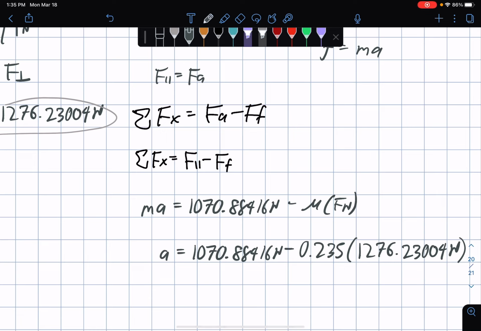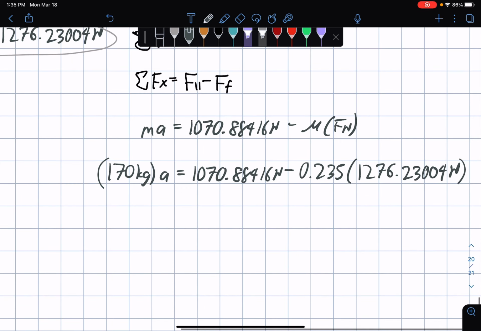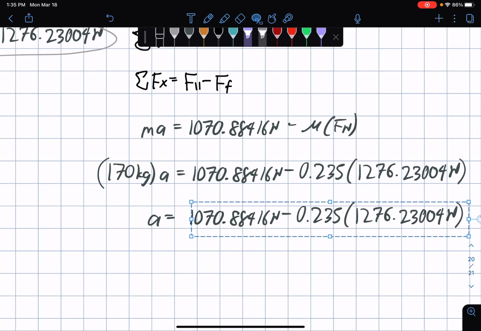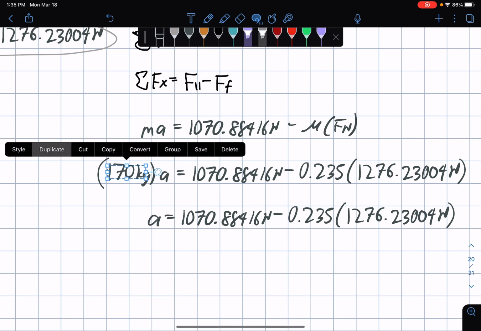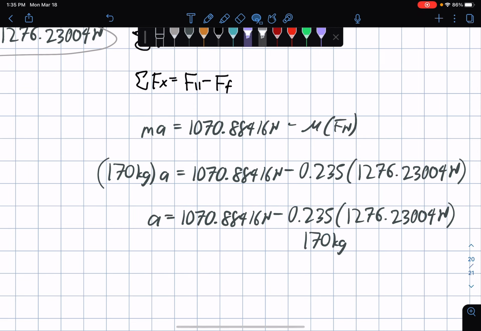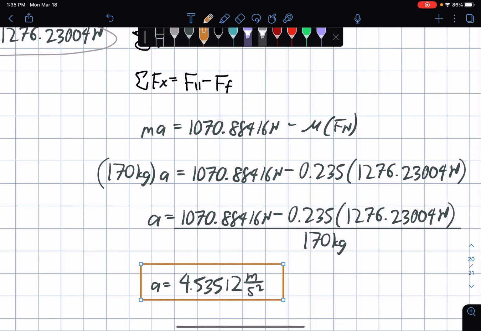But the mass is going to be 170 kilograms. Now, acceleration is equal to this entire thing divided by 170 kilograms. Now, plugging all of these into the calculator, the acceleration would eventually be 4.53512 meters per second squared. So that's the answer for letter A.